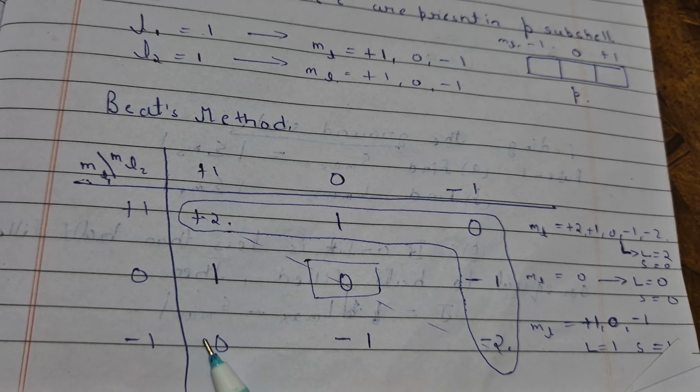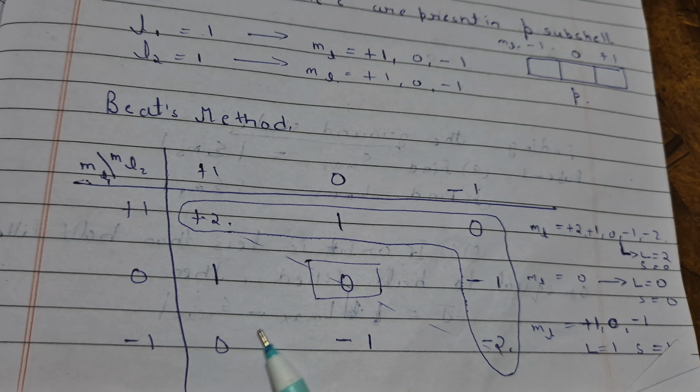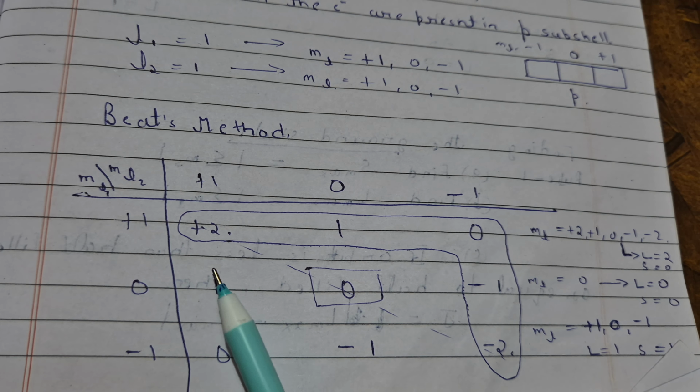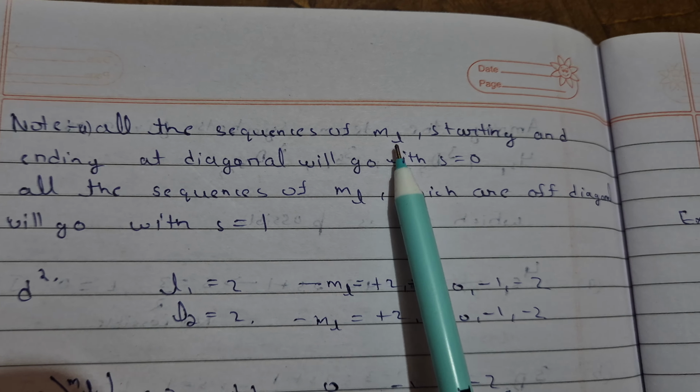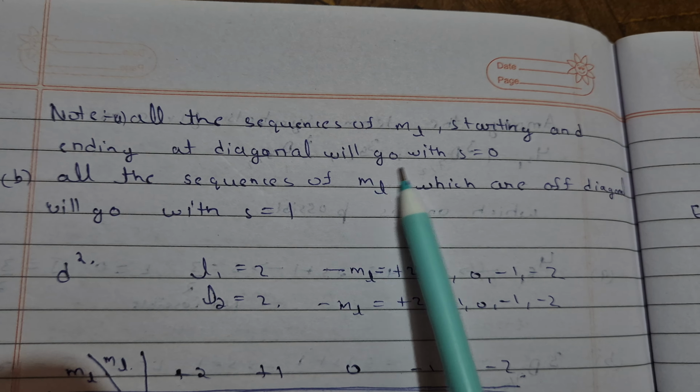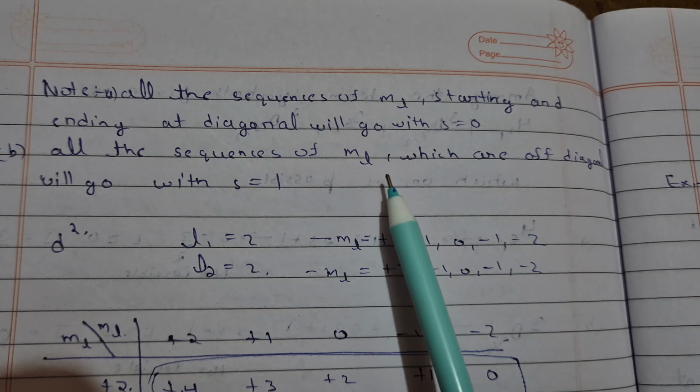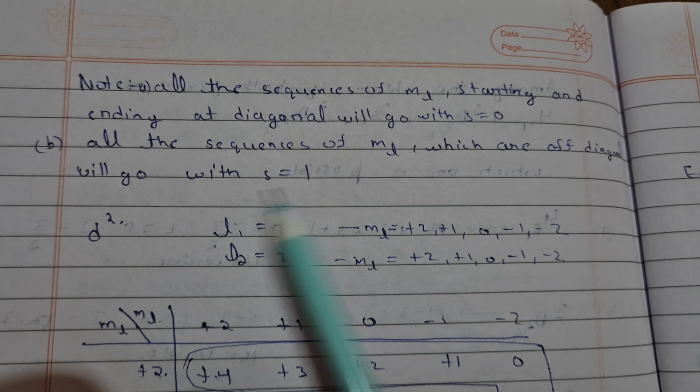And this off-diagonal sequence, plus 1 to minus 1, has L equal to 1, and as I told you, s will be 1 for this. So there are these two rules you must remember. All the sequences of ML starting and ending at the diagonal will go with s equal to 0. All the sequences of ML which are off-diagonal will go with s equal to 1.